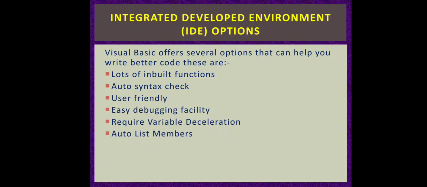And we have auto list members. For example, if we have any class, we put a dot operator after that, and the members belonging to that class get automatically listed.